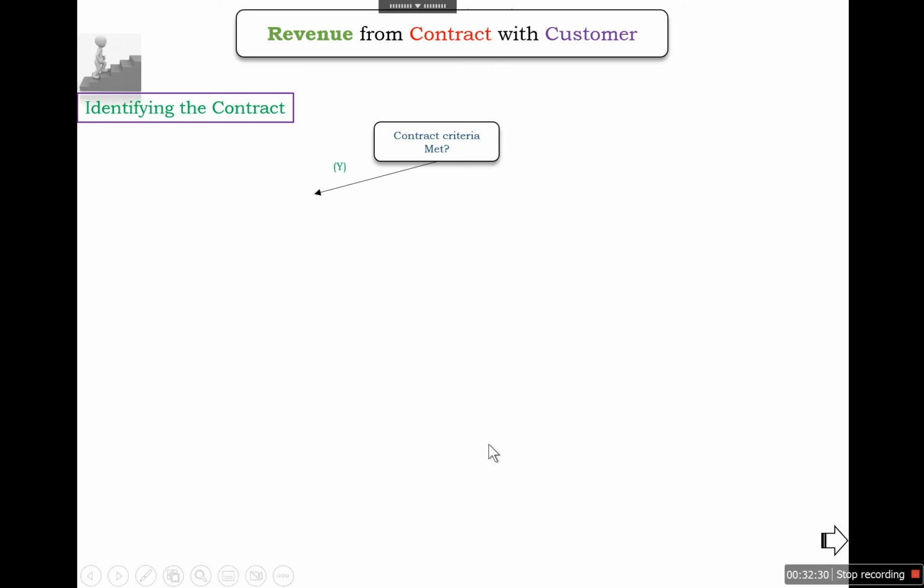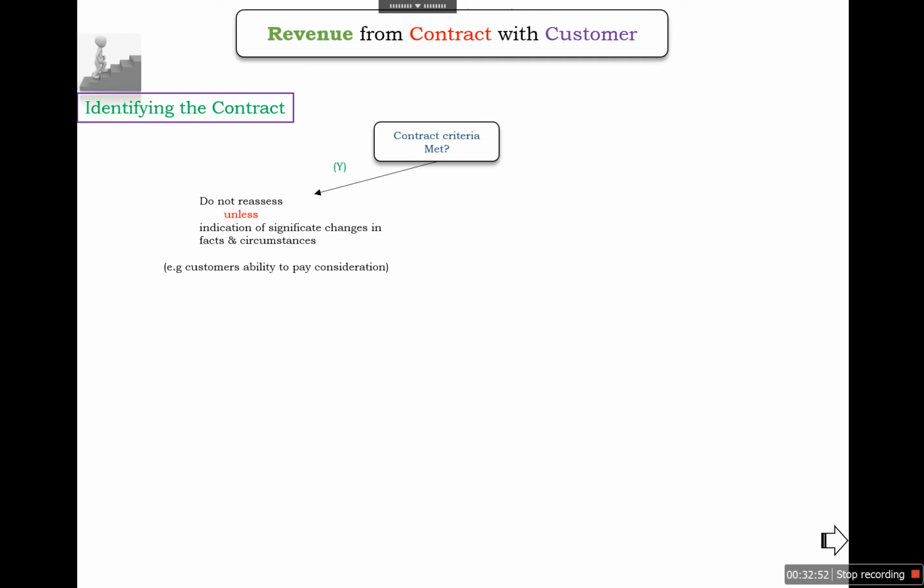For the purpose of identifying a contract, we need to check whether the contract criteria have been met. If we have met the contract criteria, the five we discussed in the earlier slide, we do not need to reassess those criteria unless there is an indication of a significant change in the facts and circumstances.